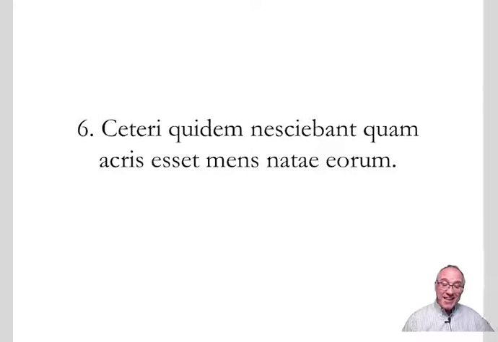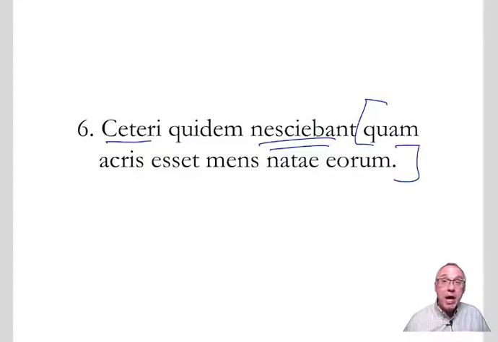Number 6. Ceteri quidem nesciebant quam acris esset mens natae eorum. The rest, nesciebant, they did not know quam, how bitter, how sharp, esset, was the mind of the daughter, genitive singular feminine, of them, or their.